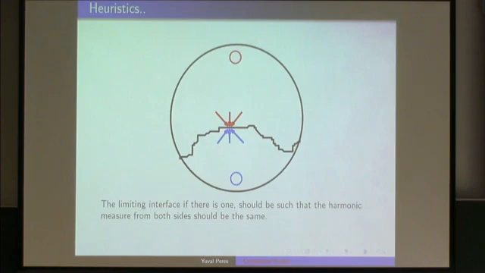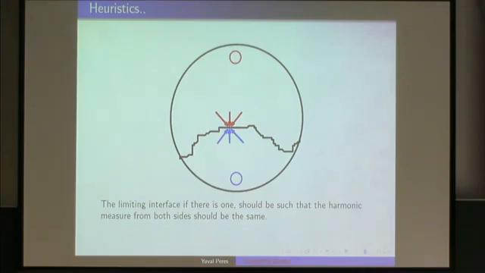Because if, for instance, this segment has a higher measure from the blue source than from the red source, then since we alternate fairly, it will be pushed upwards, and so this won't be a stable interface.